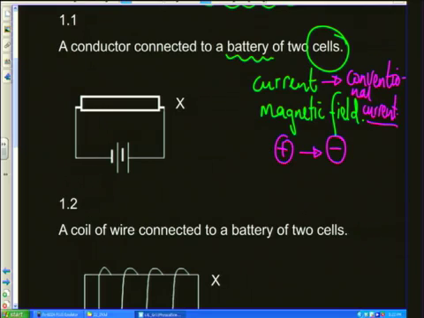So when we look at this battery, here I have my positive, here I have my negative, and therefore my current, I, you remember that current is denoted by the capital letter I, will be moving in this direction.